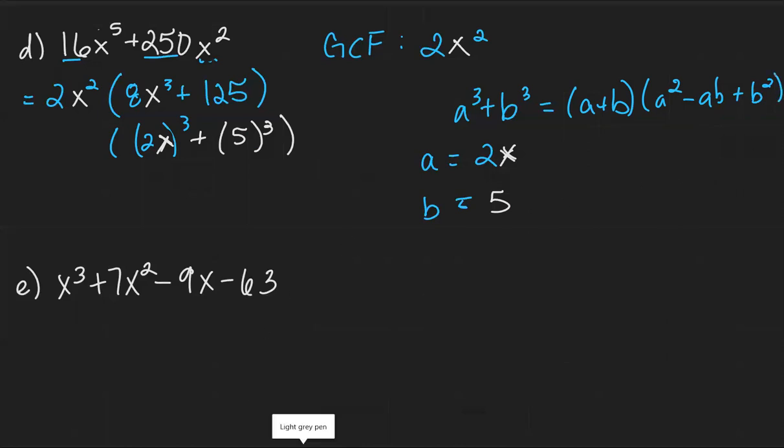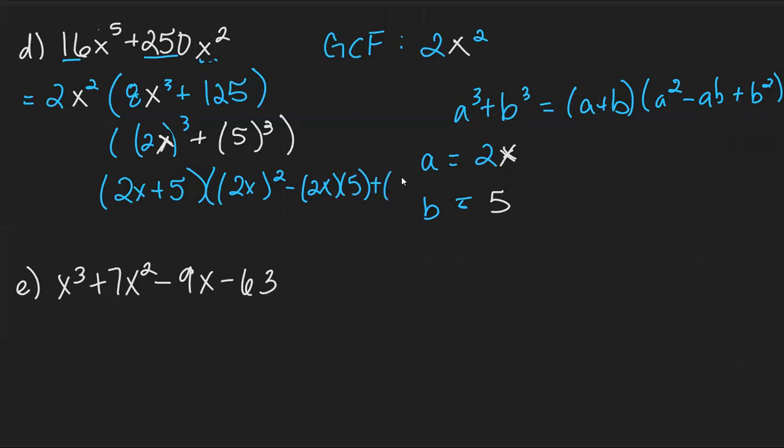Let's rewrite it like that. So parentheses, a plus b, 2x plus 5, times a squared, that's going to be 2x squared. I'm going to write it out like that just so we can do it correctly. Minus a times b, so 2x times 5, plus 5 squared.